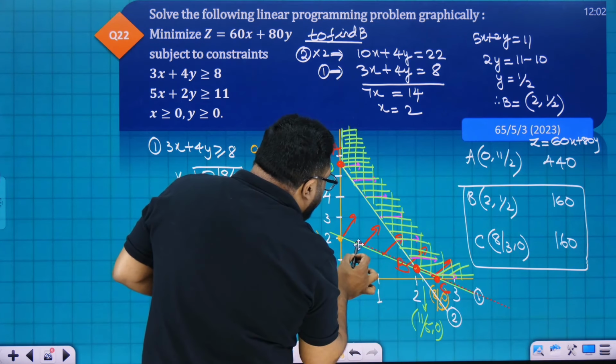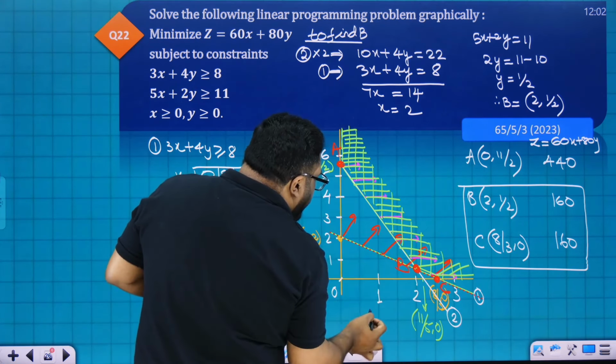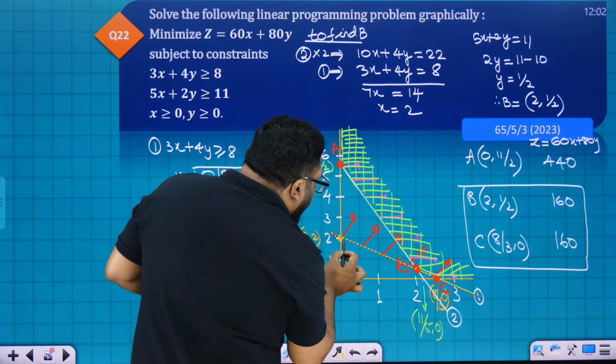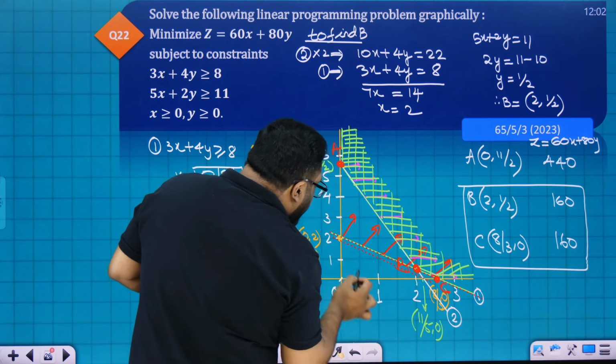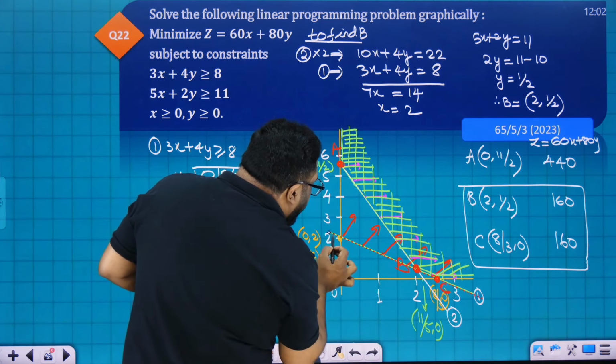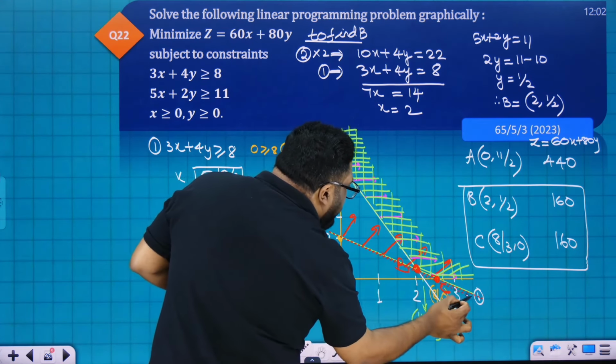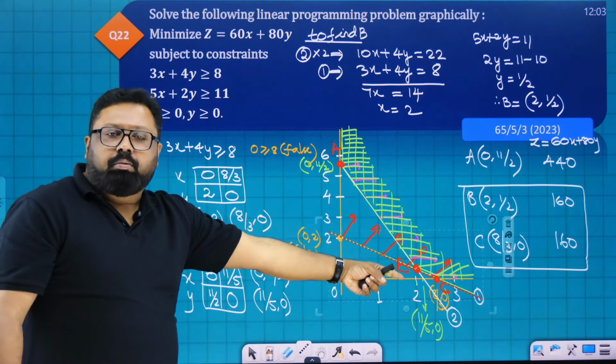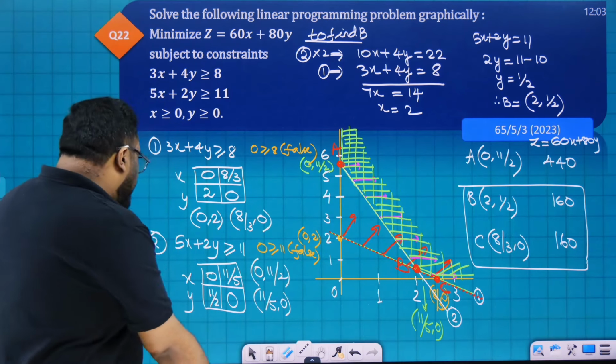You can see, all of you, it is this line itself that is going between 0, 2 and 8 by 3, 0. And does this line by any chance, my dears, pass through our feasible region? No. It does not pass through the feasible region.